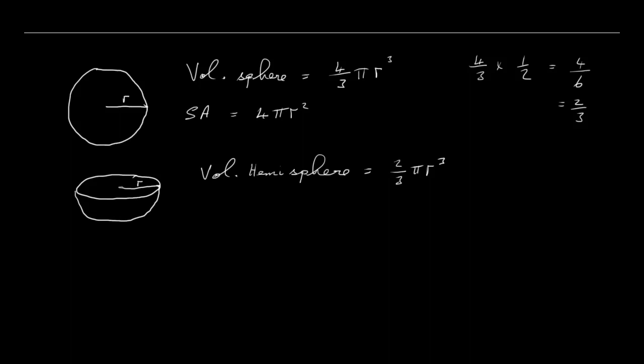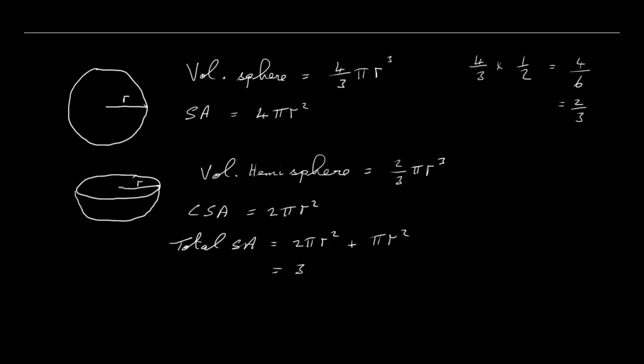That's the volume of our hemisphere, and the curved surface area. We do have a curved surface area here as opposed to a flat surface area. It is just going to be equal to half of this formula here, so it's going to be 2 pi r squared. And our total surface area then is equal to the curved surface area, which is 2 pi r squared, plus the area of the circle on the top, which is just pi r squared.